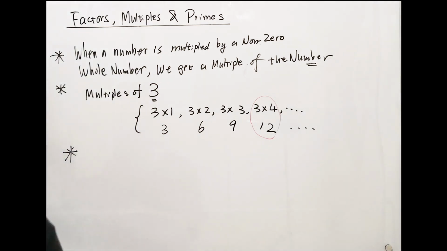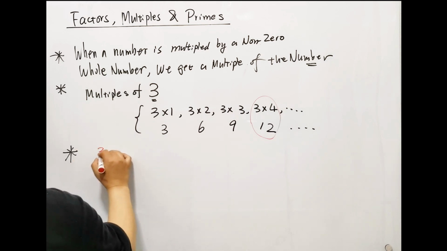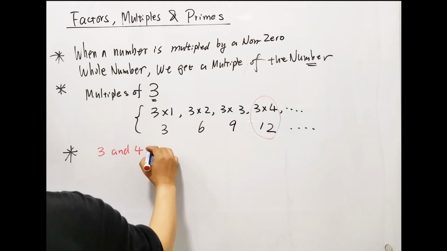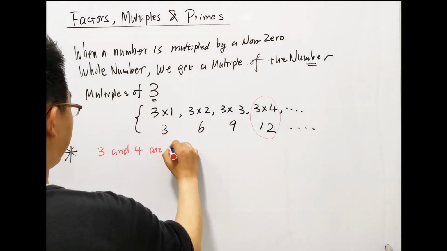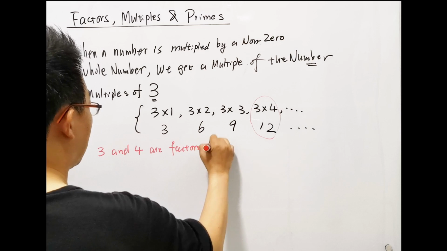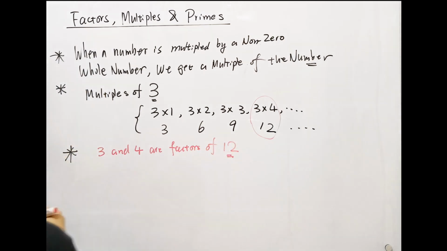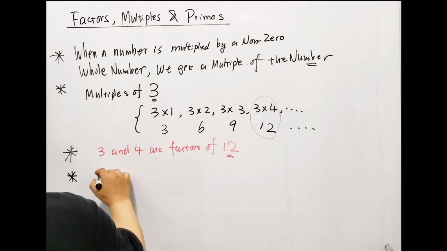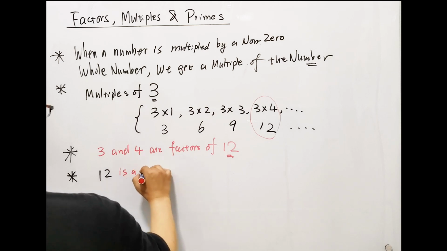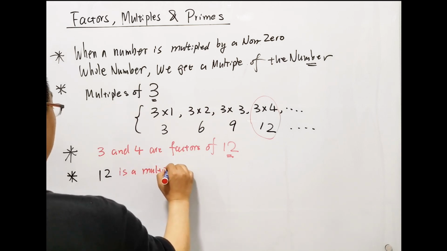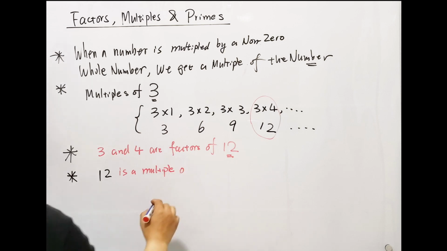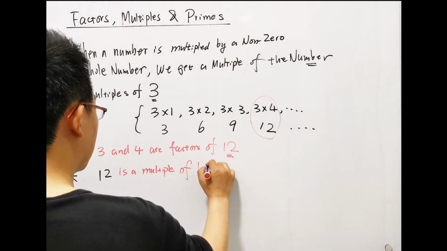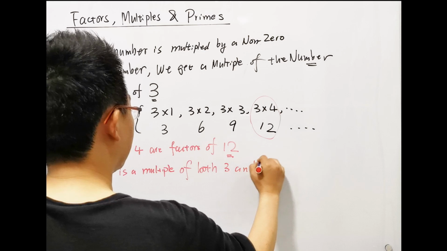Previously we discussed that 3 and 4 are factors of 12, and meantime, 12 is a multiple of both 3 and 4.